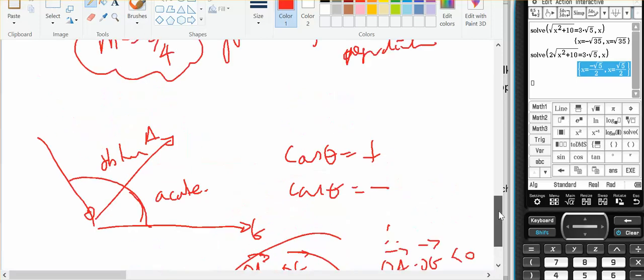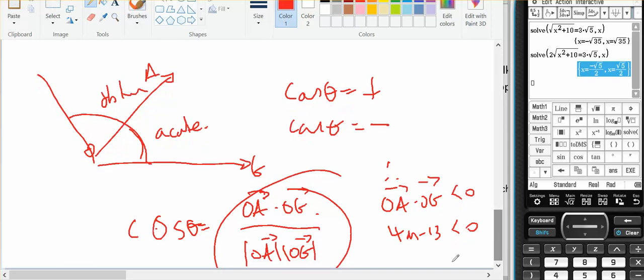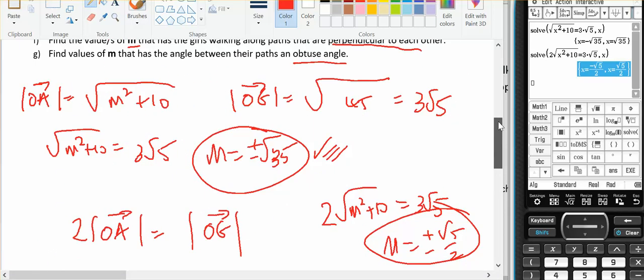So my dot product 4m minus 13 is less than 0. Therefore, I'm looking for m less than 13 on 4, but the lowest value is -6 because of my restricted domain. So that's going to give me obtuse. And that's it.